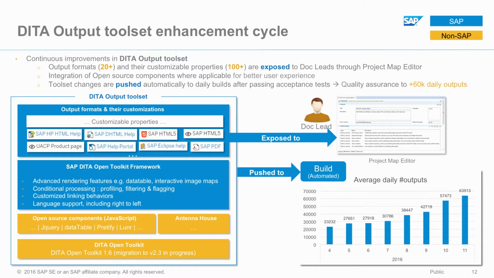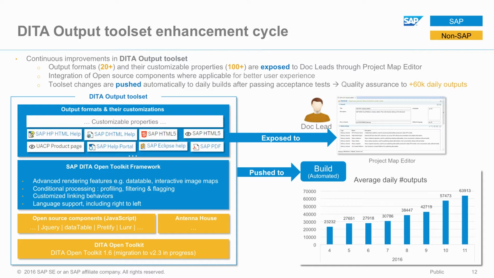Different behaviors we have focused on are rendering features. We introduced some cool objects like data table, interactive image map, and so on. We have implemented as well some conditional processing customizations when it comes to profiling, flagging, and so on.